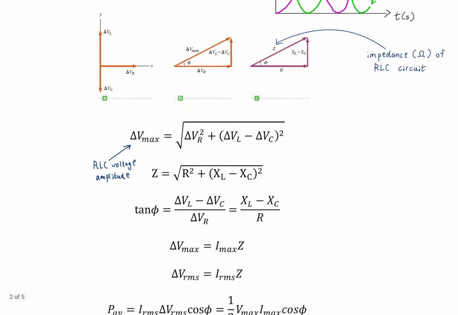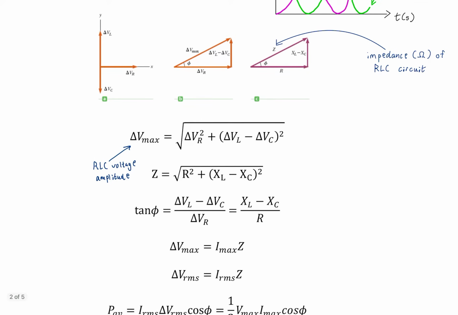The first one is the maximum voltage across the RLC circuit, and it is equal to the Pythagorean theorem of the voltage across the different circuit elements. Why do we know that? We know that from the phasor diagram. We know it from what we were just talking about on the previous page. This is the right triangle formed by the voltage across the circuit as a whole and the voltage across the elements.